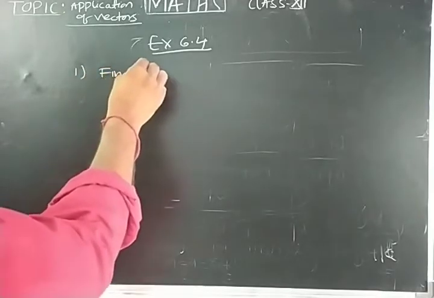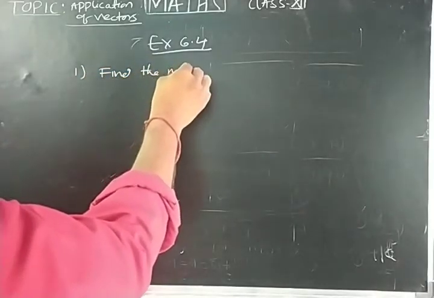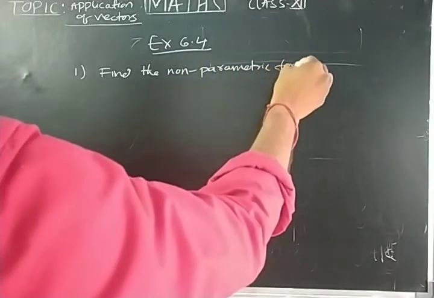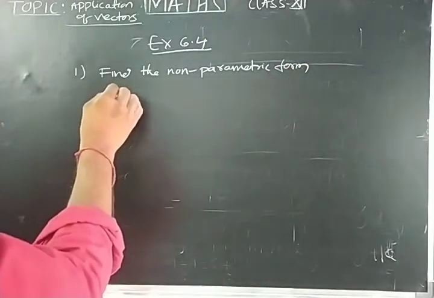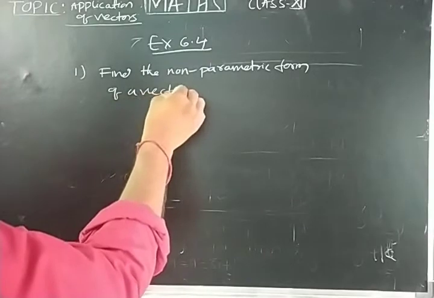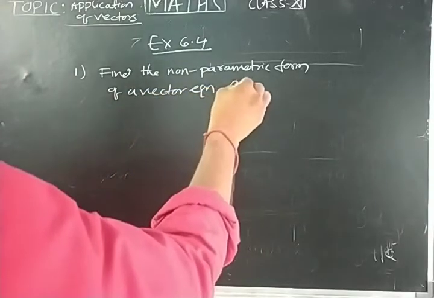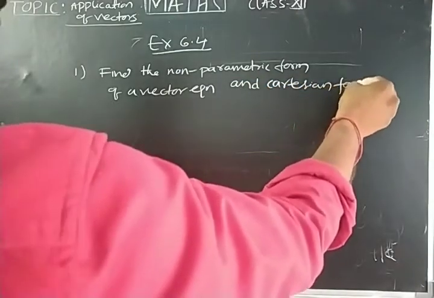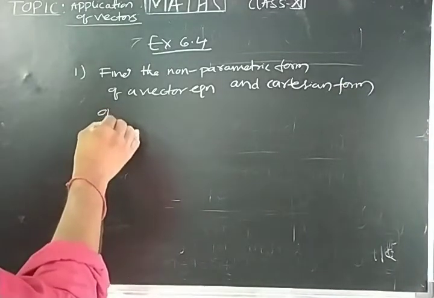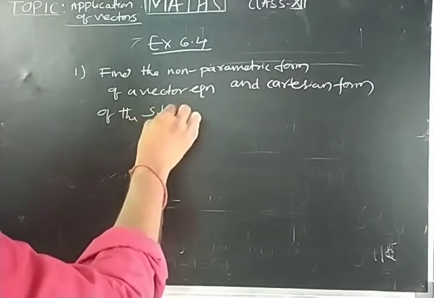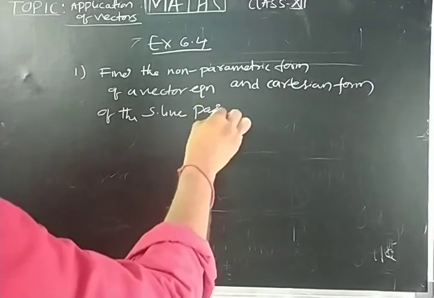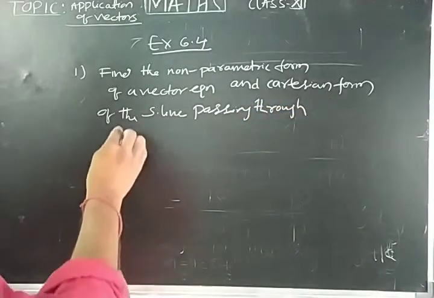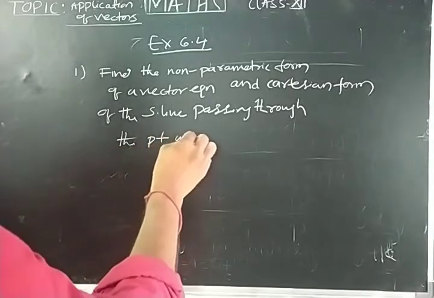Find the non-parametric form of a vector equation and the Cartesian form of the straight line passing through the point with position vector.